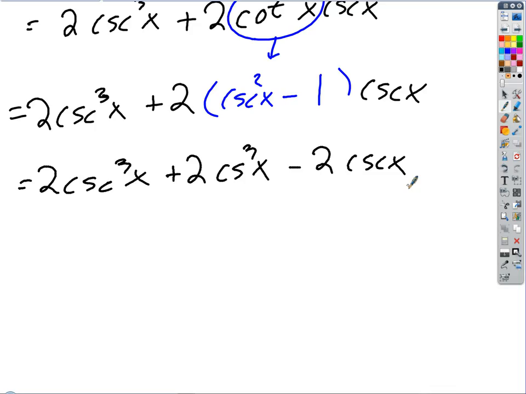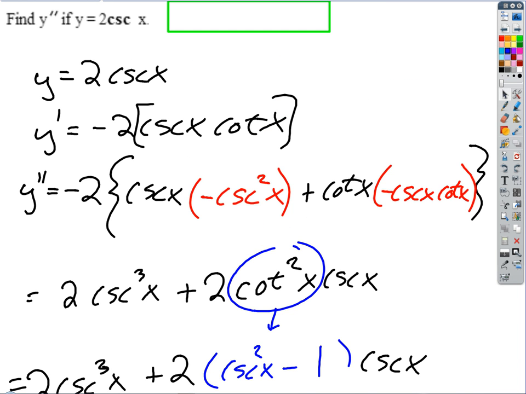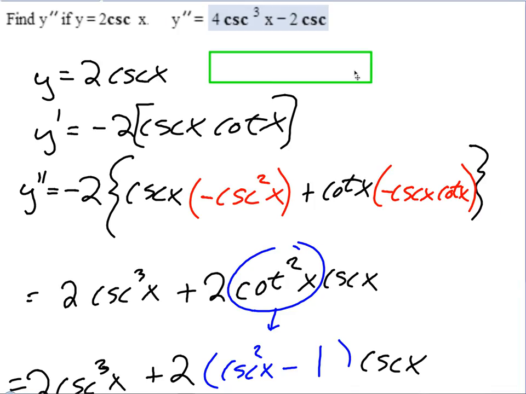Do we agree? So then these combine to become 4 cosecant cubed x minus 2 cosecant x, and I'm pretty sure that's how they're wanting this.